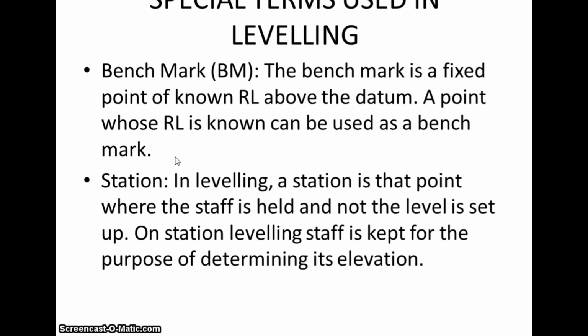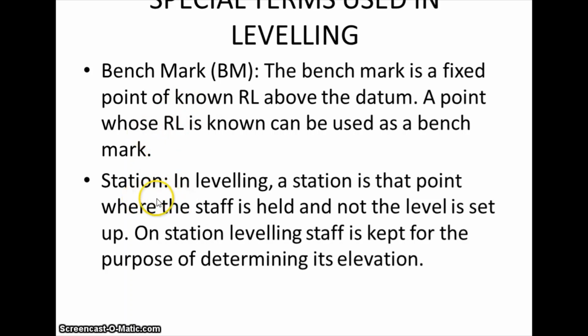You can take any example, for example, a railway platform, pillars, edge of the building. All these structures you can take as a permanent benchmark, whose RL is known to us. That is very important.